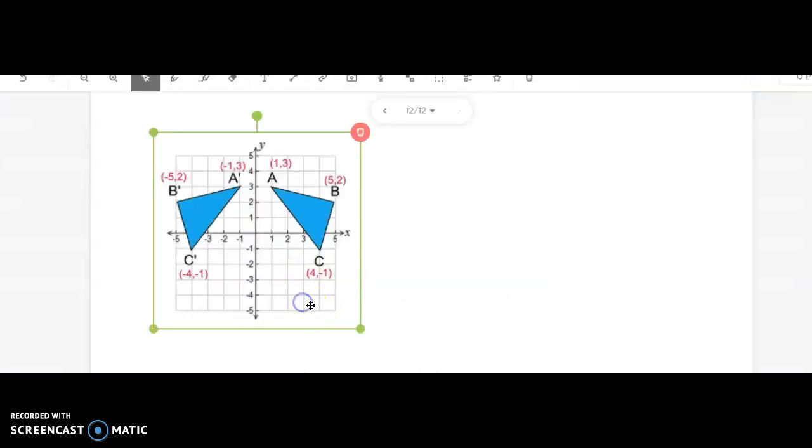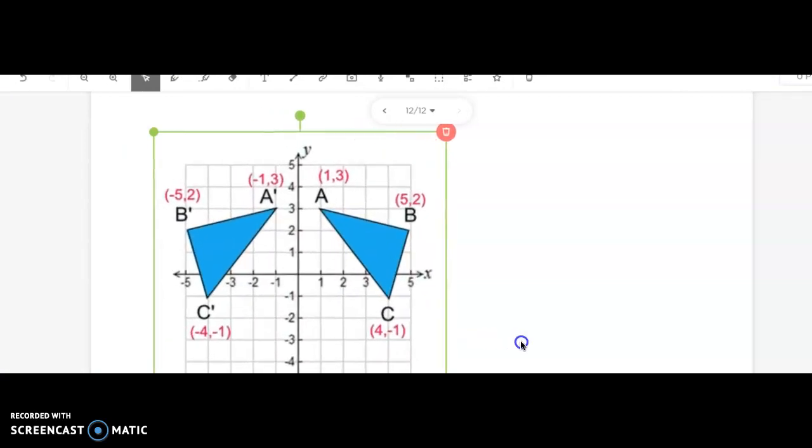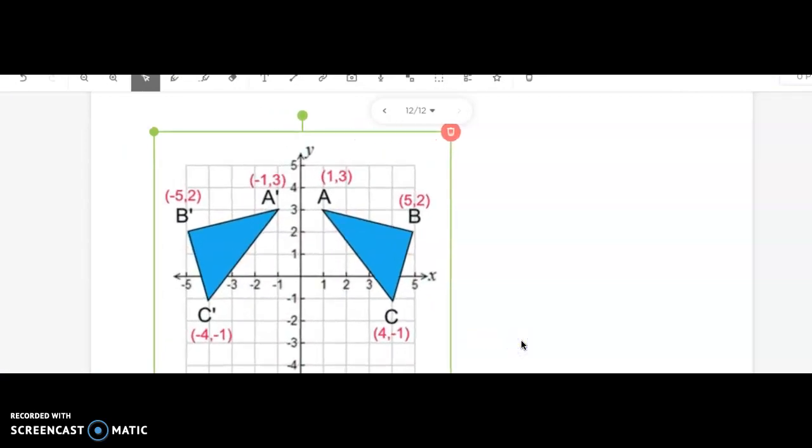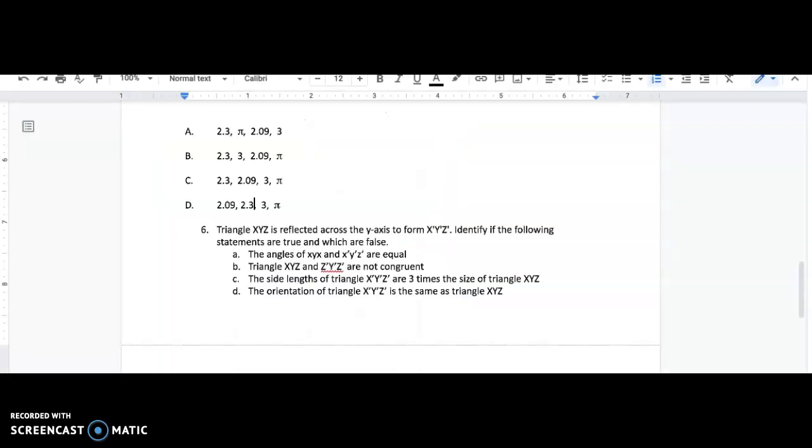Let's do it this way. Let's look at this for a second, all right? Because we're talking about a reflection. In this instance, the axis really don't matter because we just want to talk about some of the principles. Now, looking at our answer choice, it says that the angles are equal.